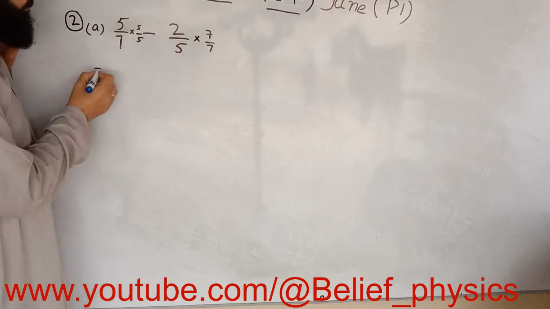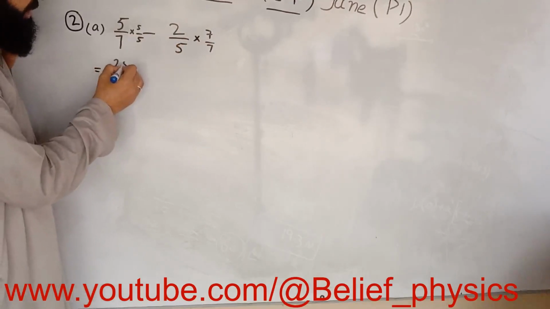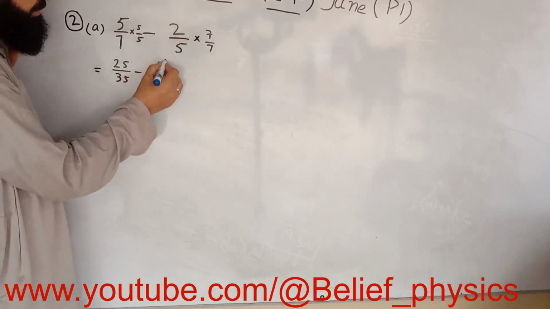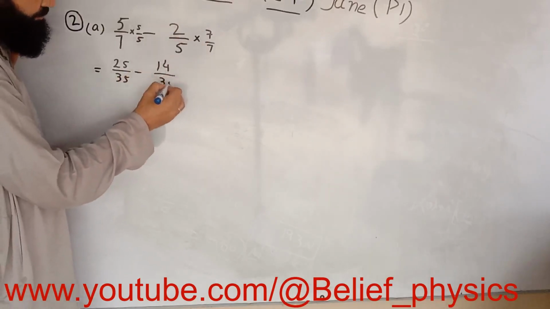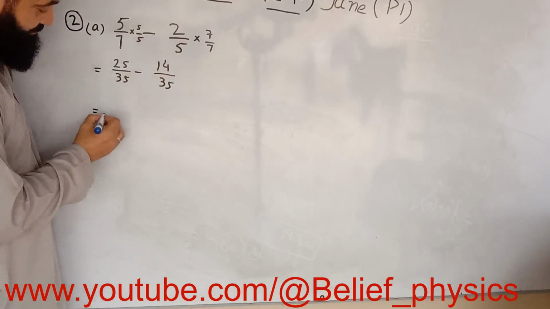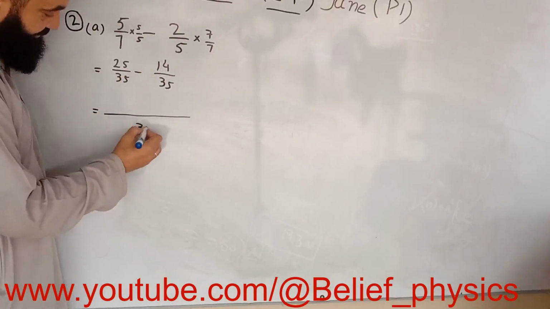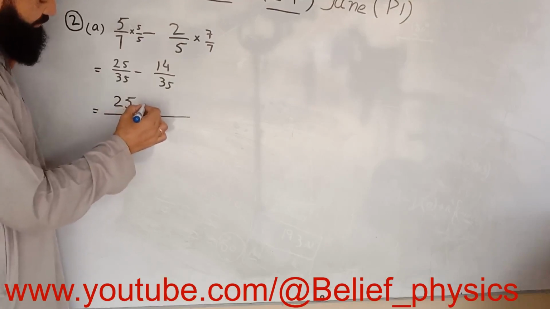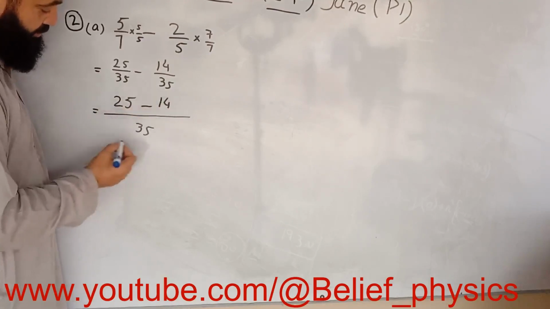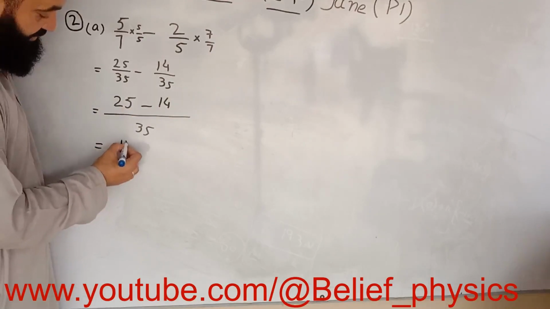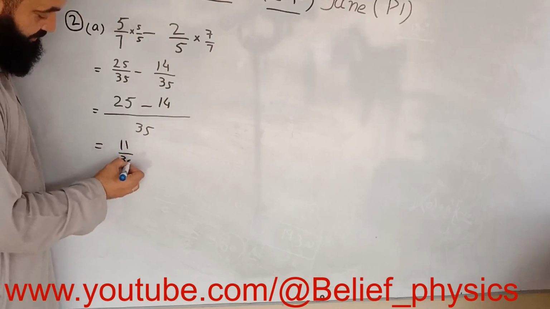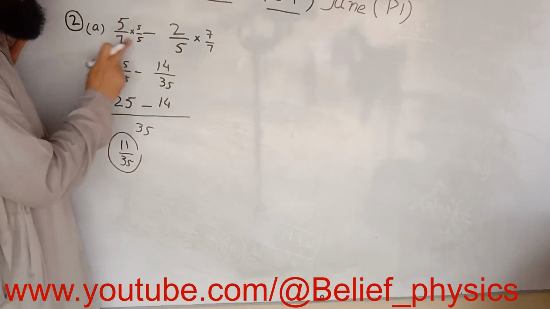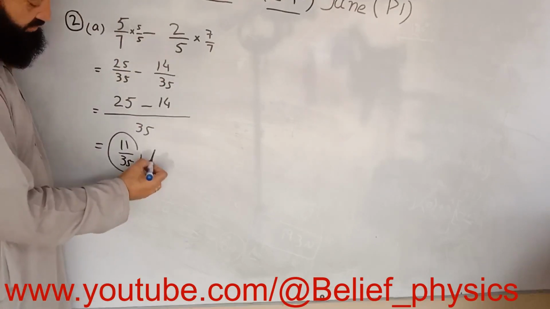So this will become 25/35 minus 2 sevens are 14/35. This can be written with LCM 35, and in the numerator 25 minus 14, which is 11. So 11/35 is the single fraction equal to 5/7 minus 2/5. This is the answer.